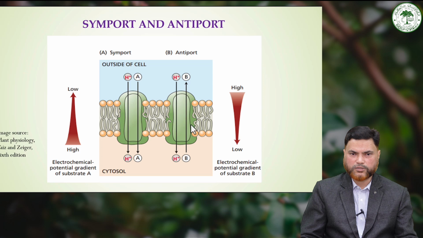Then, opposite to it, how antiports work. In antiport, the influx of protons is coupled with the efflux of another solute. Here the energy dissipated by a proton moving back into the cell is coupled to the active transport of a substance, for example sodium ion, out of the cell. This co-transport mechanism is termed antiport, and the carrier protein involved is called the antiporter protein.